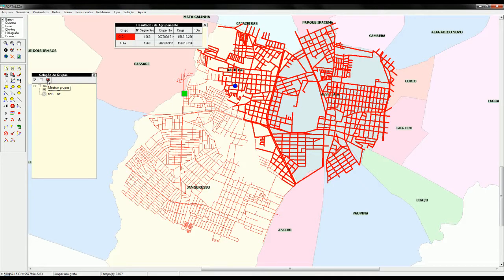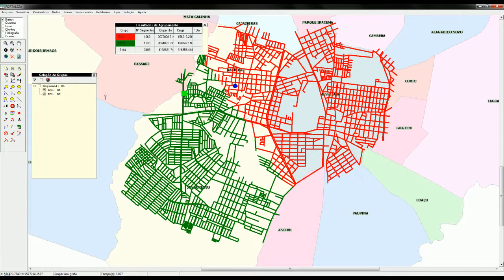Imagine that Zone 1 is covered on Mondays, Wednesdays, and Fridays, and the other one on Tuesdays, Thursdays, and Saturdays, for example. See the load for Regional 1 divided for the 2 zones.